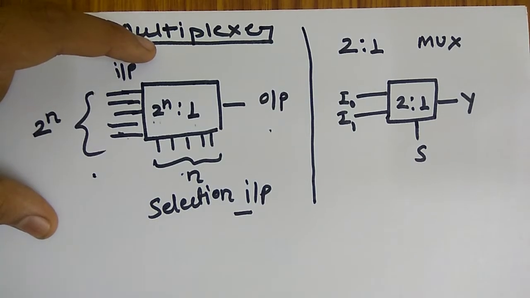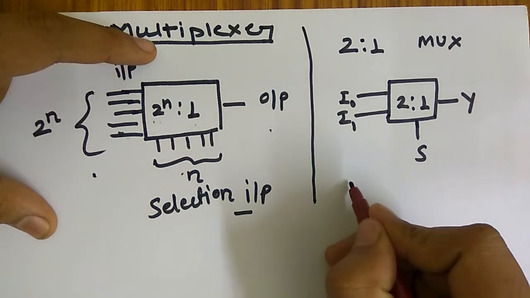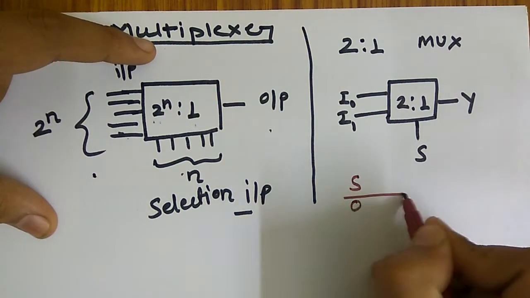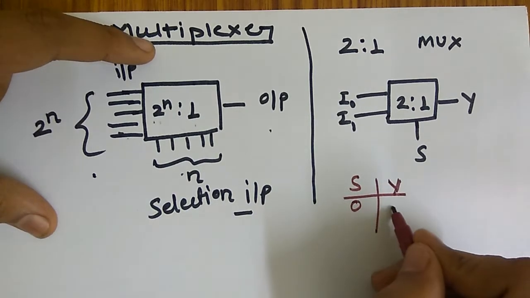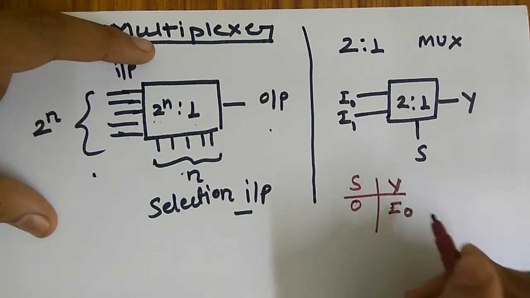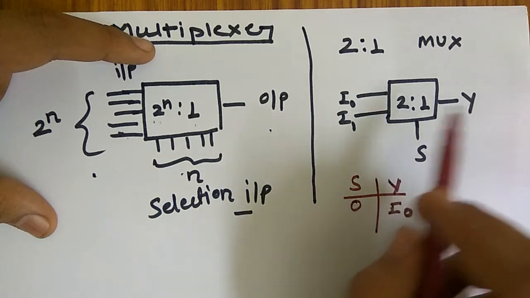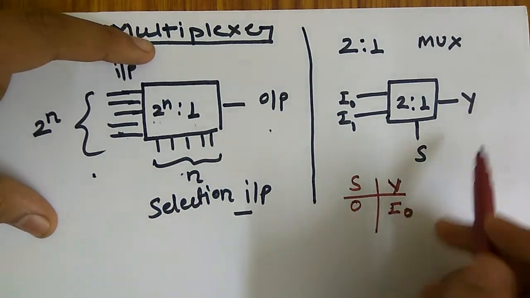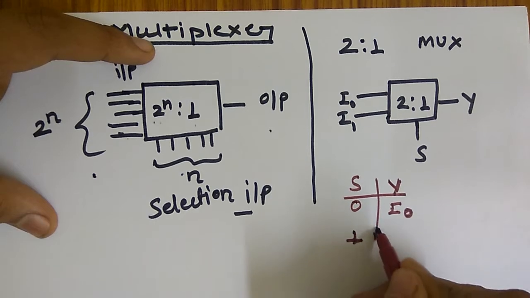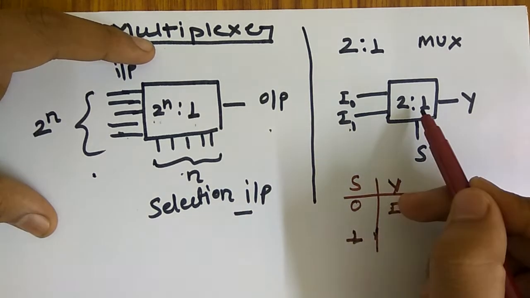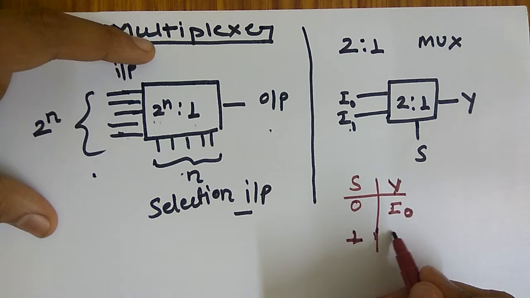For that we will make a truth table. If s is equal to 0, then I0 will be transferred to the output, and if s is equal to 1, then I1 will be transferred to the output.